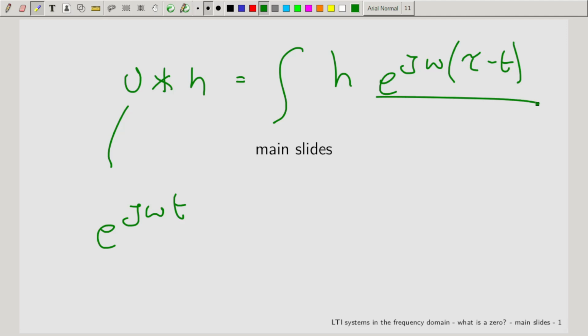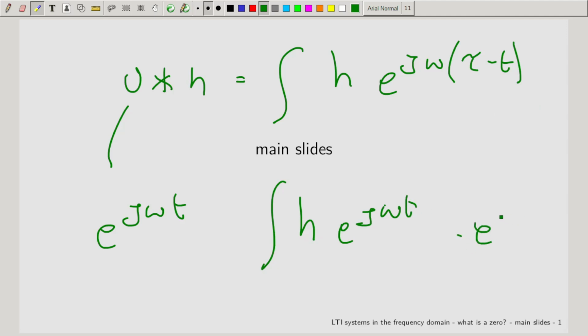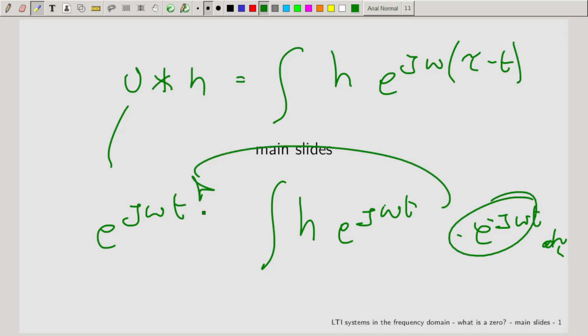And then I decompose it into e^(j omega t) times e^(j omega (tau minus t)). This one pops out, true? Because the integral is in tau, and then we are happy.